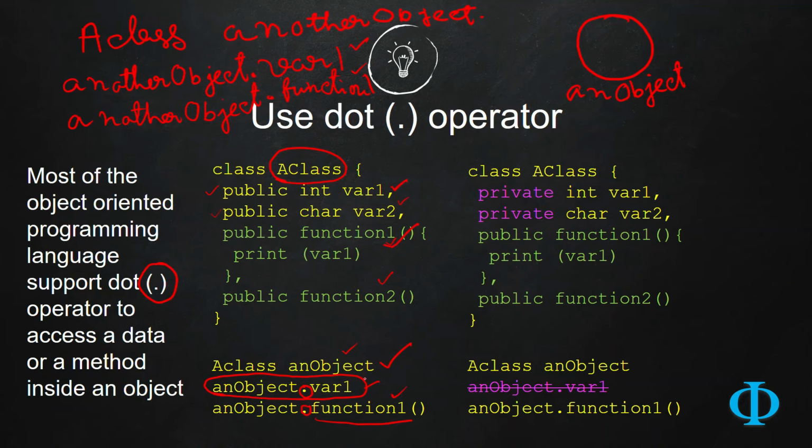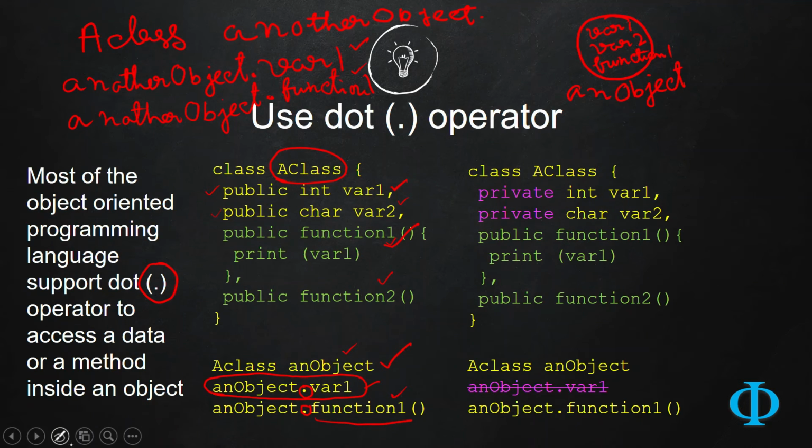And inside this an object, it has all the different variables and functions that are inside this class. So this one has var1, var2, function1, and function2 also.